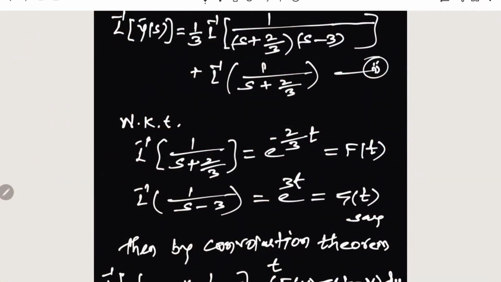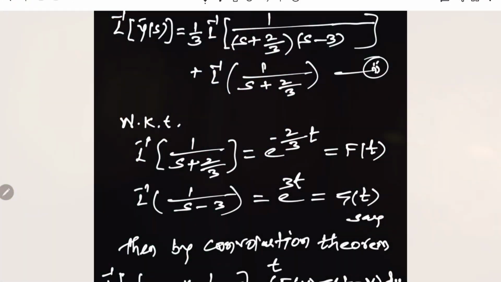And inverse of second term. Therefore, inverse of 1 upon s plus 2 by 3 is e raised to minus 2 by 3 times t.